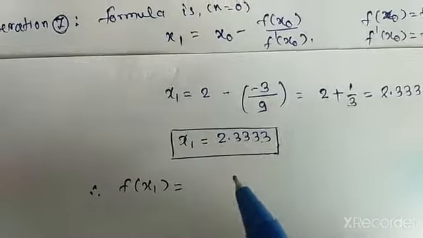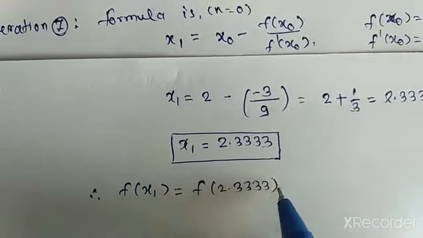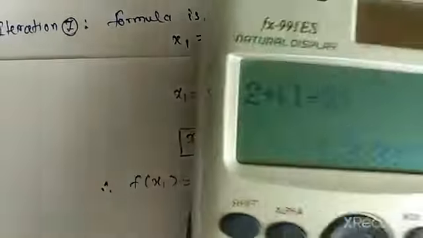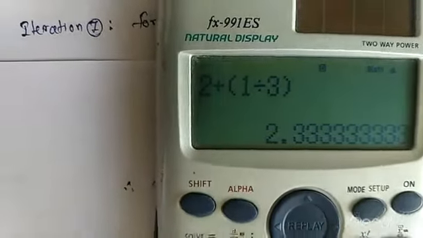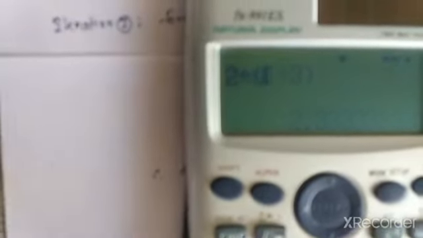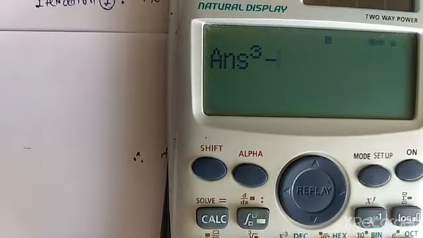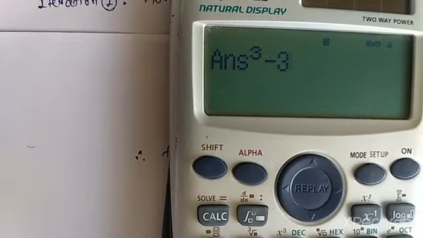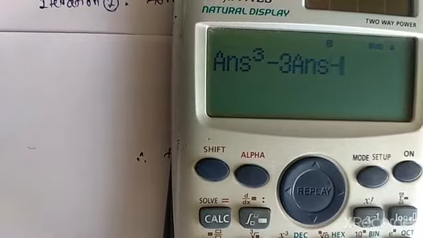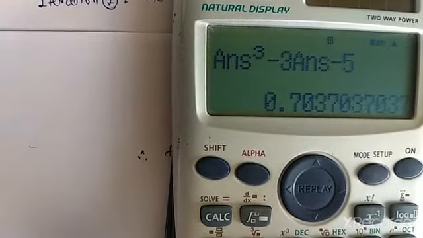So f of 2.3333 will be equal to, our equation is x cube minus 3 into x minus 5, so I will take the answer cube minus 3 into the answer minus 5, which will be equal to 0.7037.